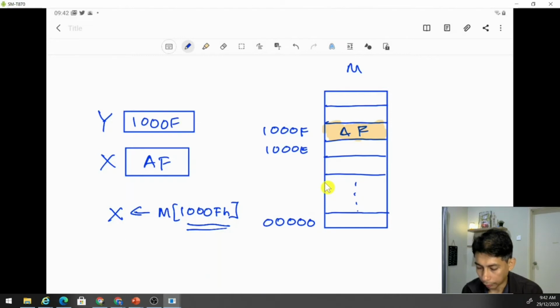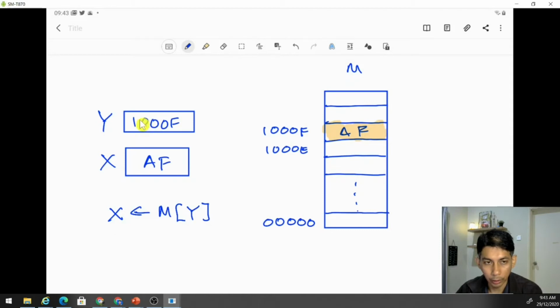So if we write like this, okay, it means that here is actually the address. All right, this is indirect addressing.